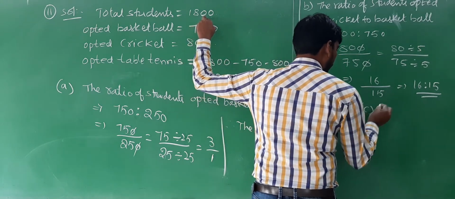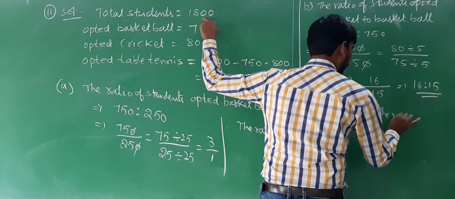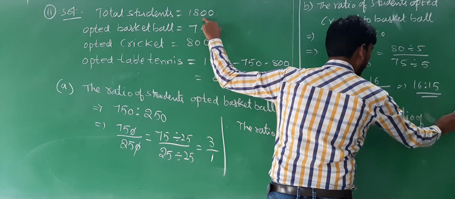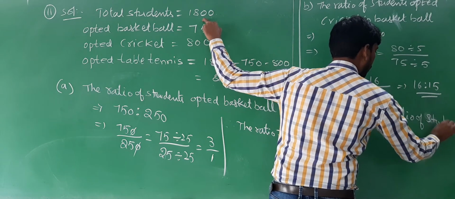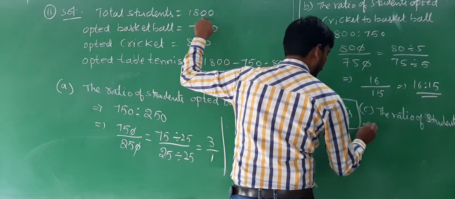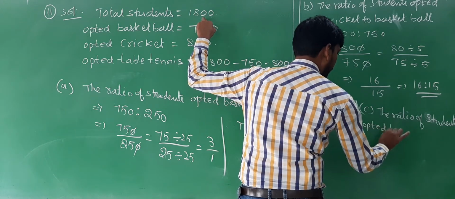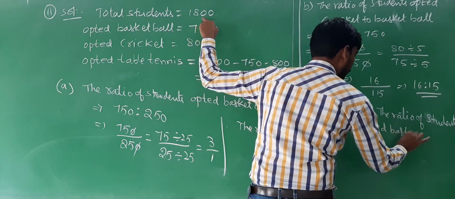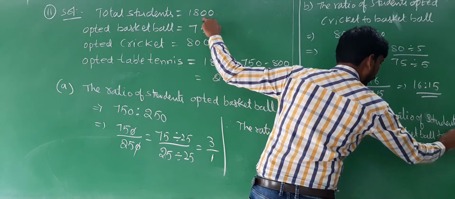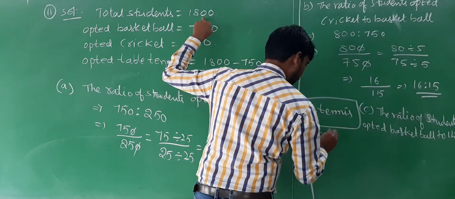So C is the ratio of students who opted basketball to the total number of students.